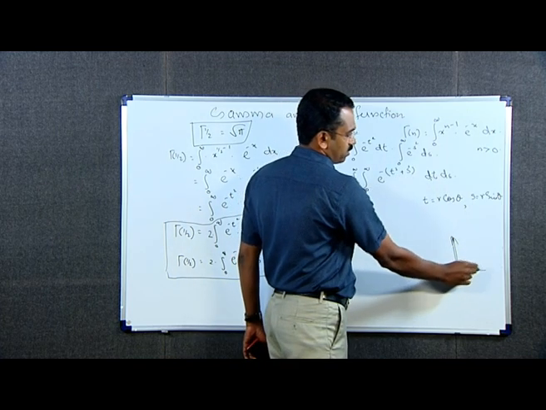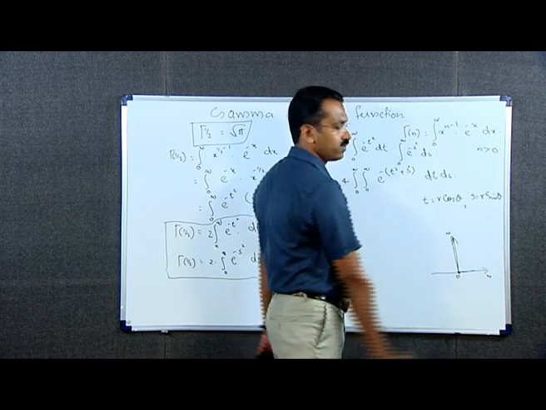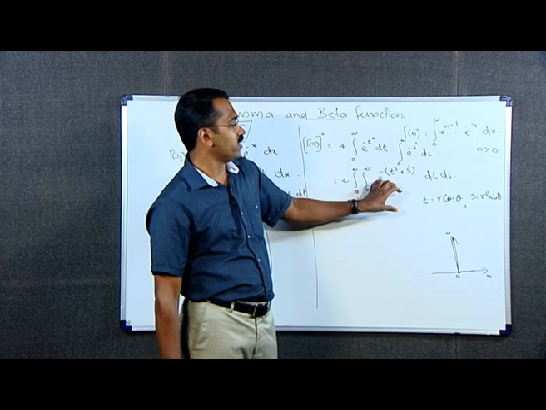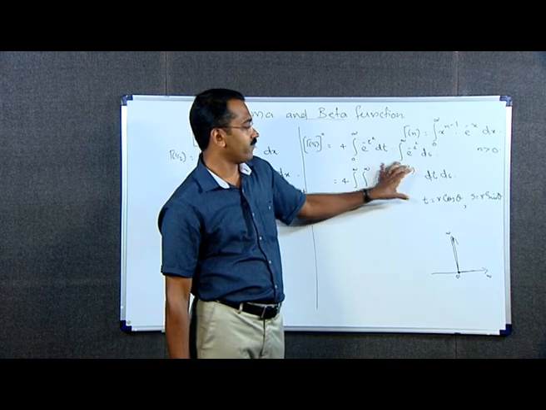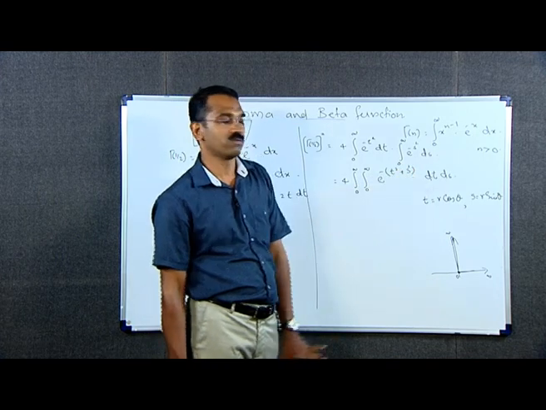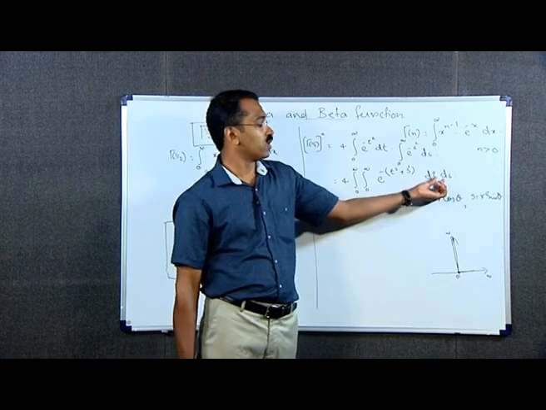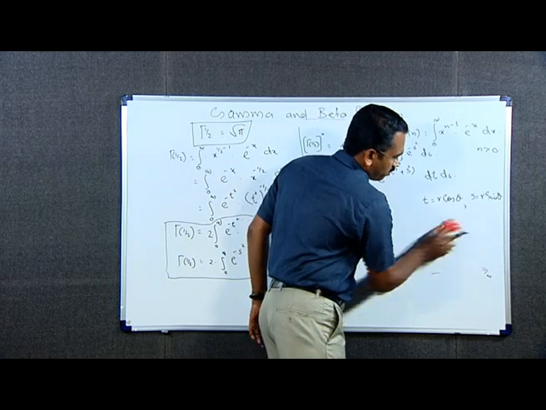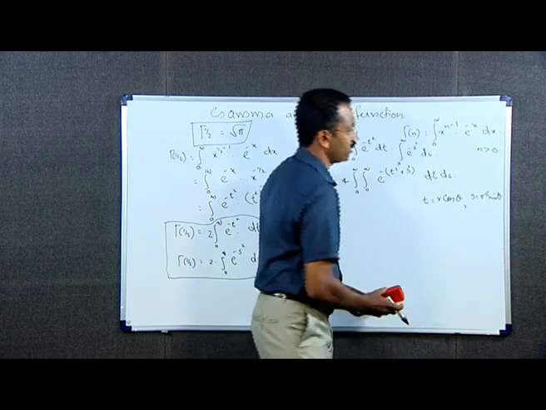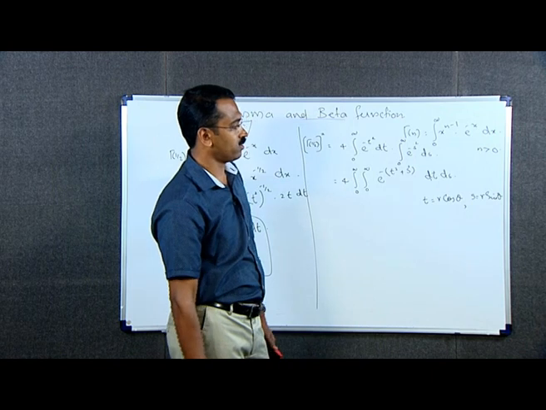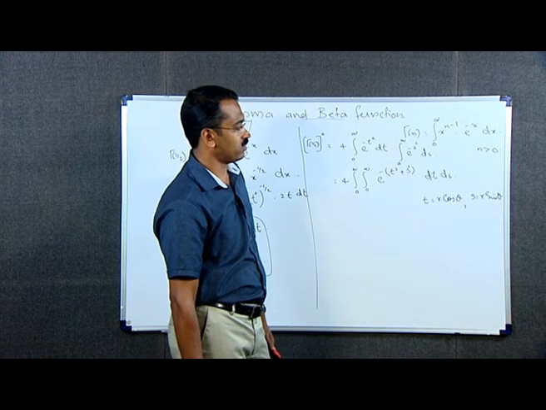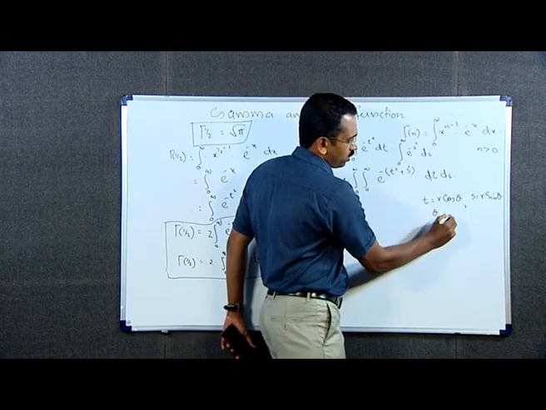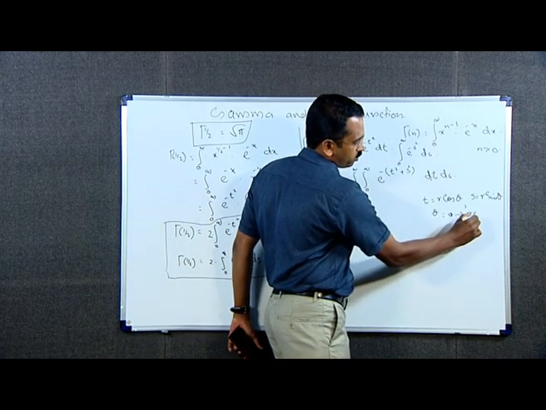Therefore, this double integral is on the positive portion of this ts plane. Therefore, we can take the limits of theta as from 0 to pi by 2.